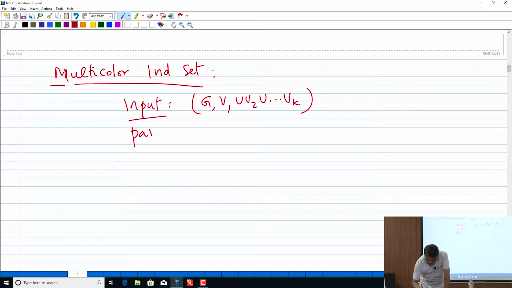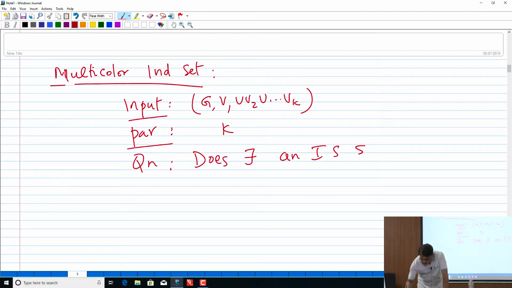My parameter is k, and the question I am interested in is, does there exist an independent set in G that has exactly one vertex from each Vi?